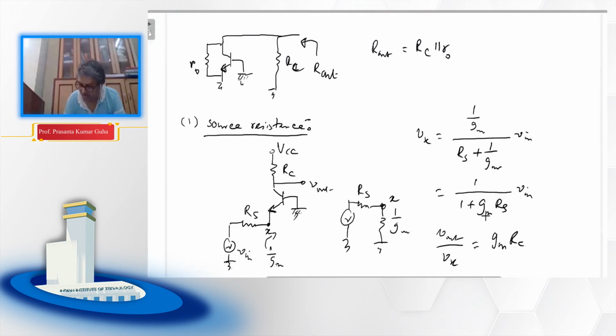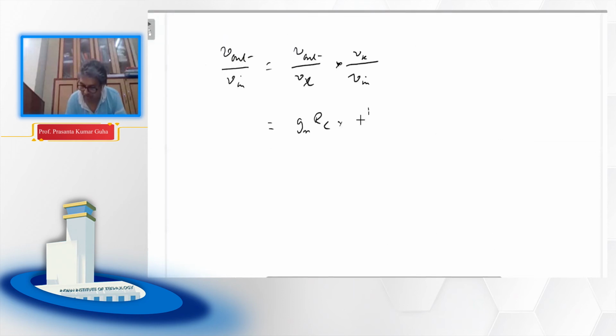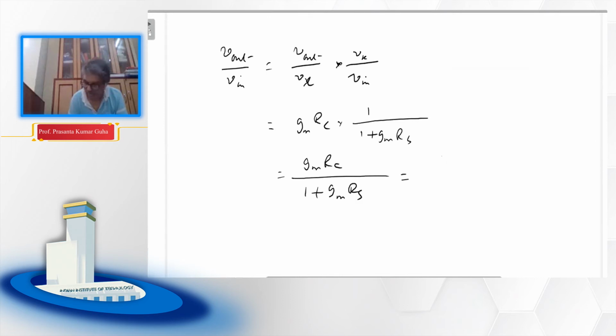Okay, 1 by 1 plus GMRS, right? So multiplied by 1 by 1 plus GMRS. So you see this is nothing but GMRC over 1 plus GMRS. Okay, so you divide both numerator and denominator with GM, and we have this gain formula.